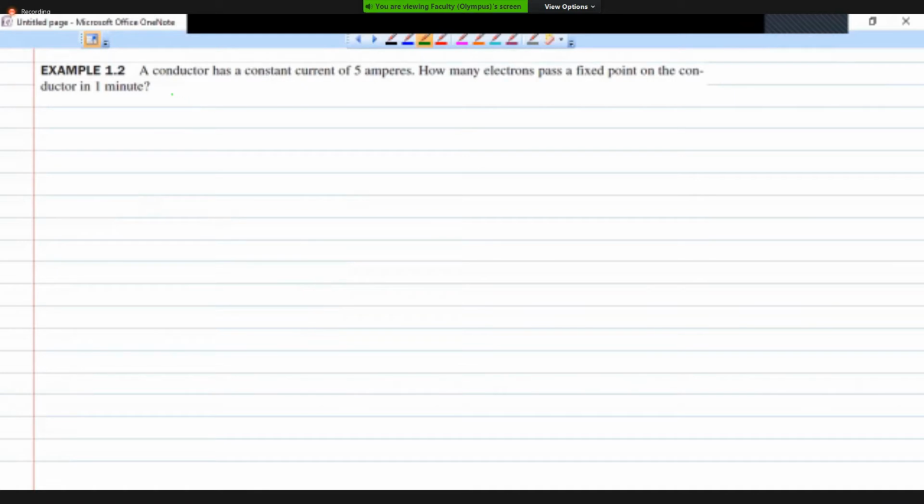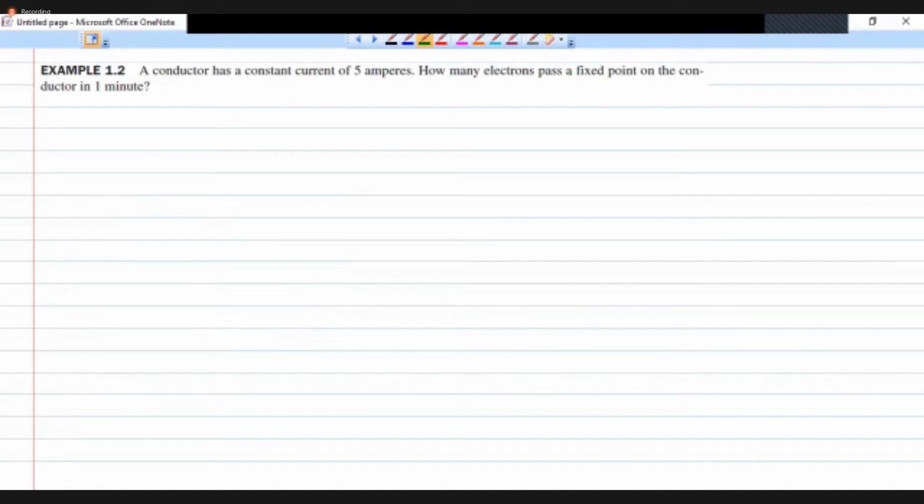Try to do this example. A conductor has a constant current of 5 amps. How many electrons pass a fixed point on the conductor in 1 minute? Anybody got a clue? So how to find this?